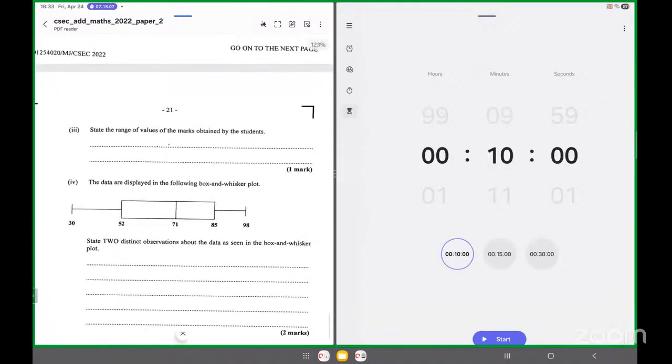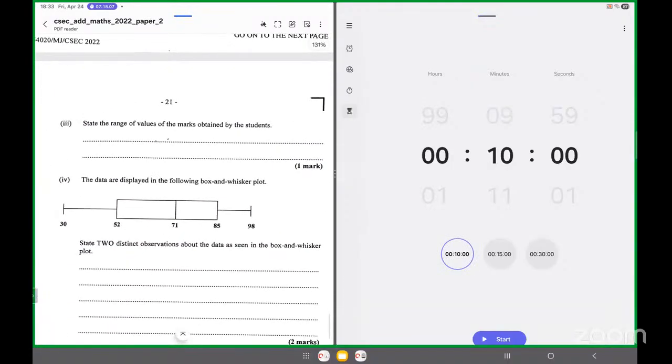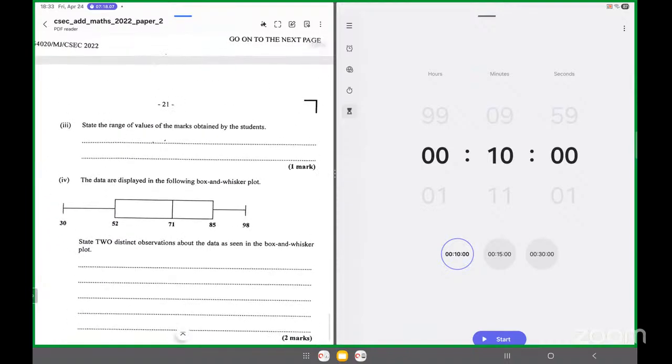Then down here it says state the range of values of the marks obtained by the students. The data are displayed on the following box and whisker plot. State two distinct observations about the data as seen in the box and whisker plot.